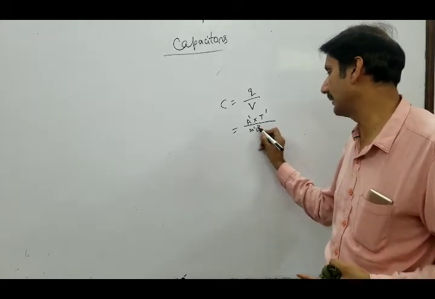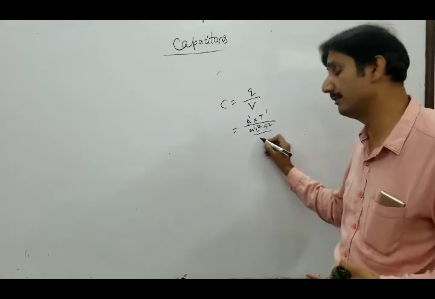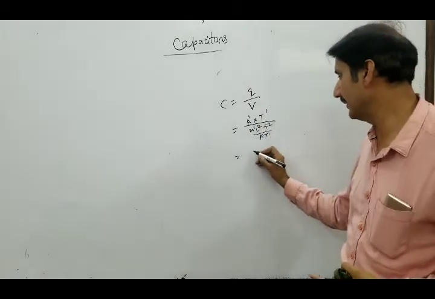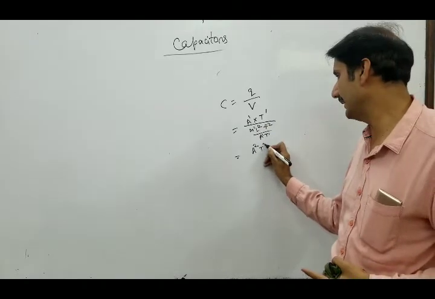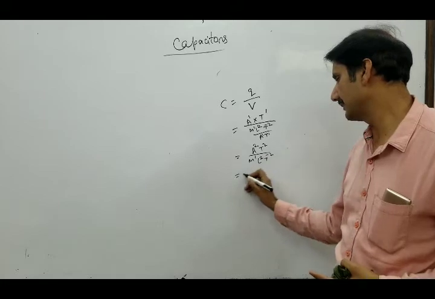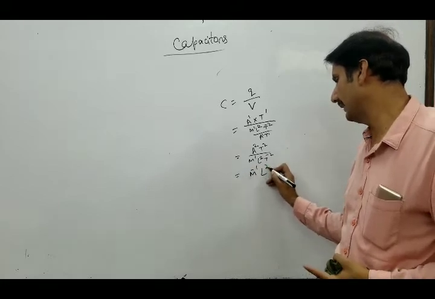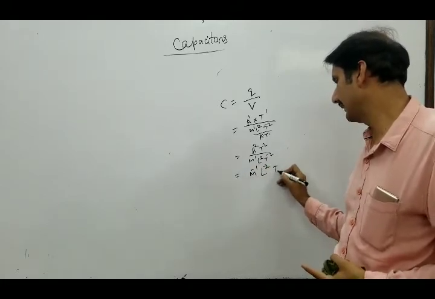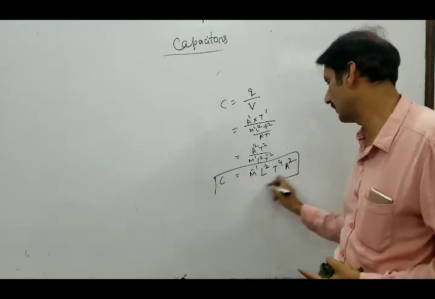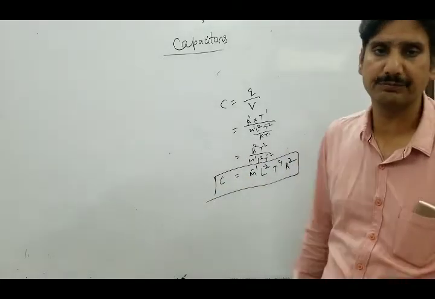So it is M1 L2 T minus 2 divided by A1 T1. So this A1 T1 goes up there and it becomes A squared T squared divided by M1 L2 T minus 2. This becomes M minus 1 L minus 2 T4 A2. This is the dimensional formula for capacitance.